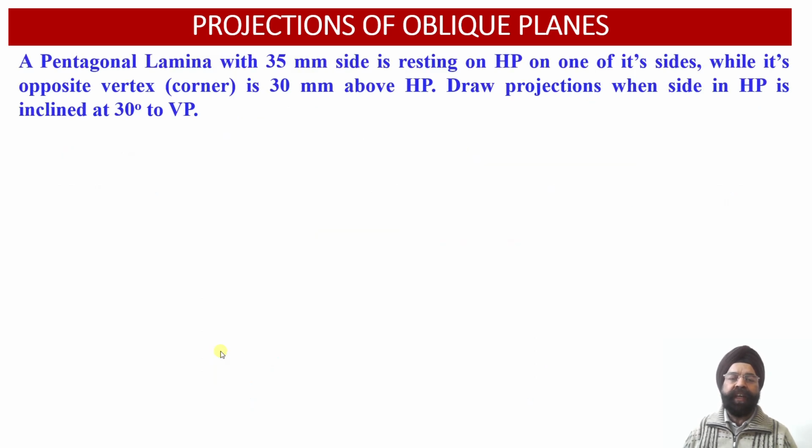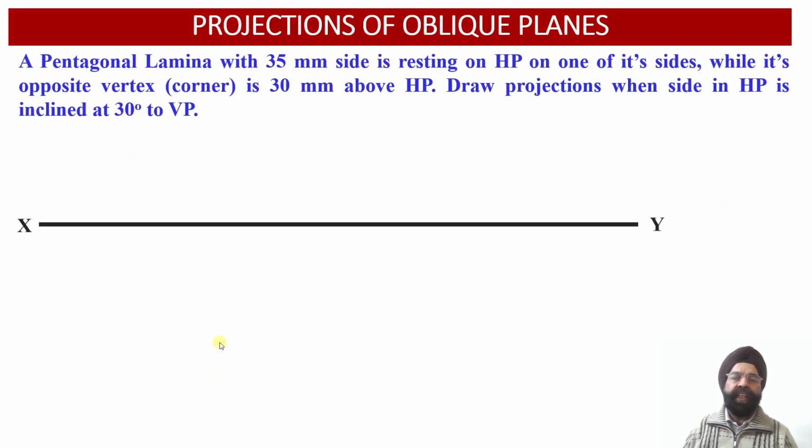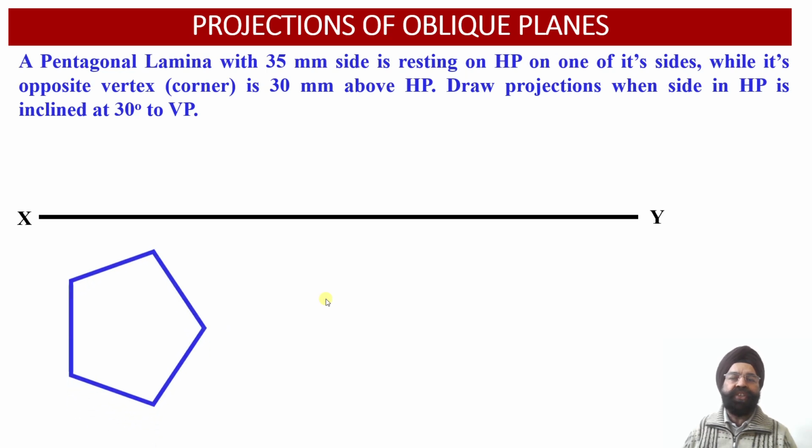Now let us proceed with the construction of the orthographic projections of this pentagonal lamina. As we have discussed, since the first angle of inclination of this lamina lies with respect to the horizontal plane, we are going to first assume that this pentagonal lamina is resting onto the ground, and onto the horizontal plane in the top view we are going to obtain the true shape of this lamina.